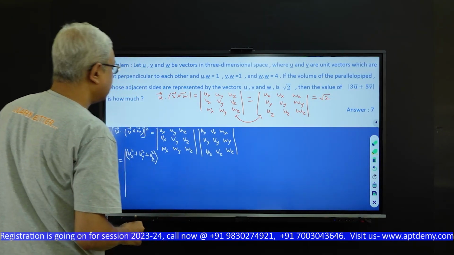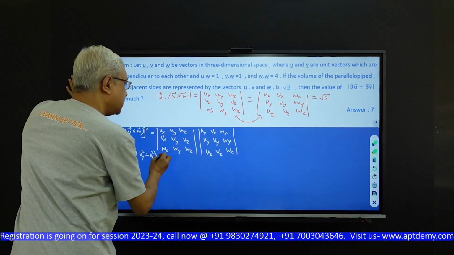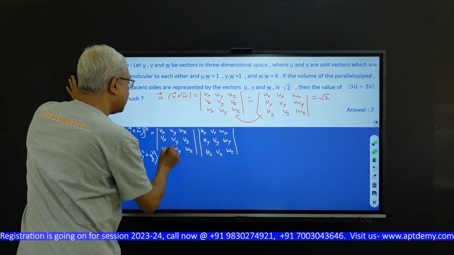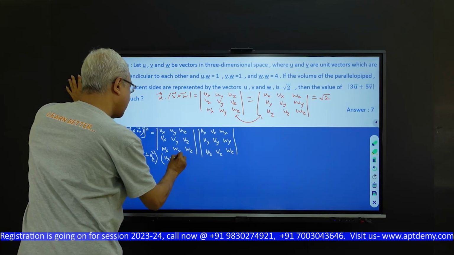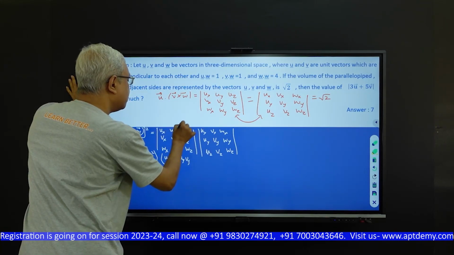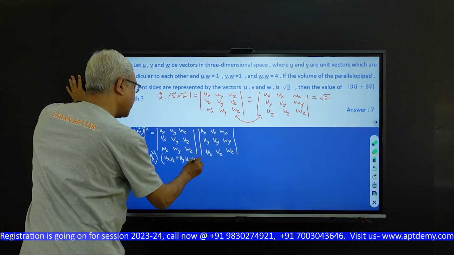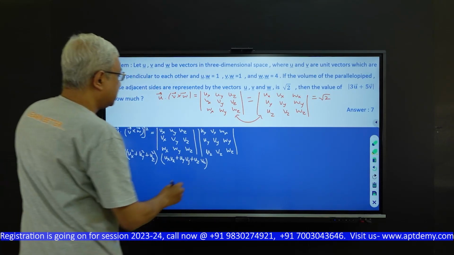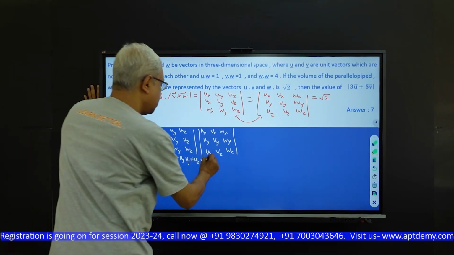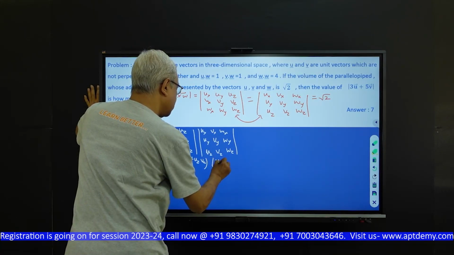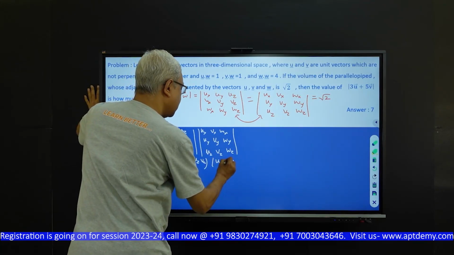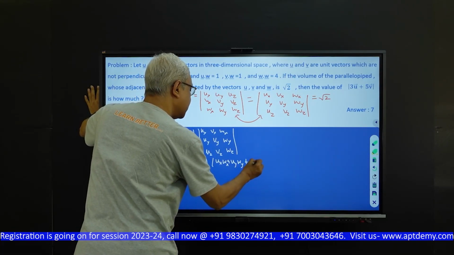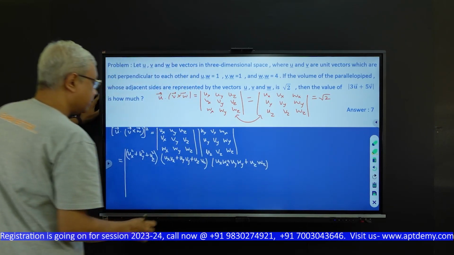First row, second column is Ux Vx plus Uy Vy plus Uz Vz. Then first row, third column of the resultant determinant is Ux Wx plus Uy Wy plus Uz Wz.